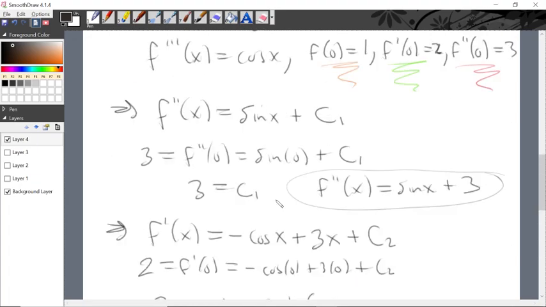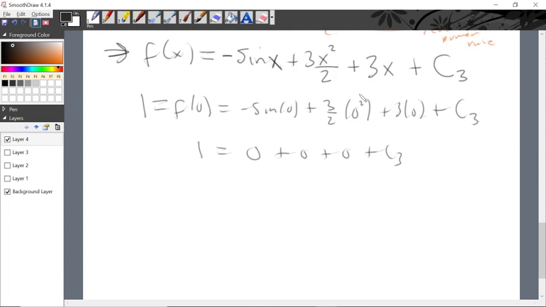Just that word of warning that these are not always going to be the values of the constant, but instead they're giving us conditions to find the constant. So 1 is equal to c3 in this case. And therefore, we now have a particular f of x function: negative sine x plus 3 halves x squared plus 3x plus 1.